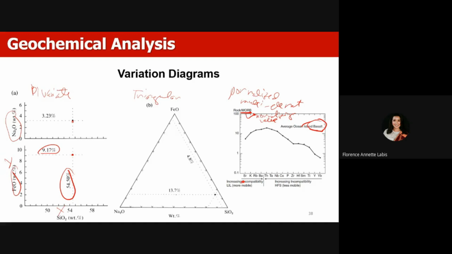This is LREE, MREE, and then HREE. That means your LREE is very incompatible, or has high incompatibility, compared to the MREE as well as the HREE.